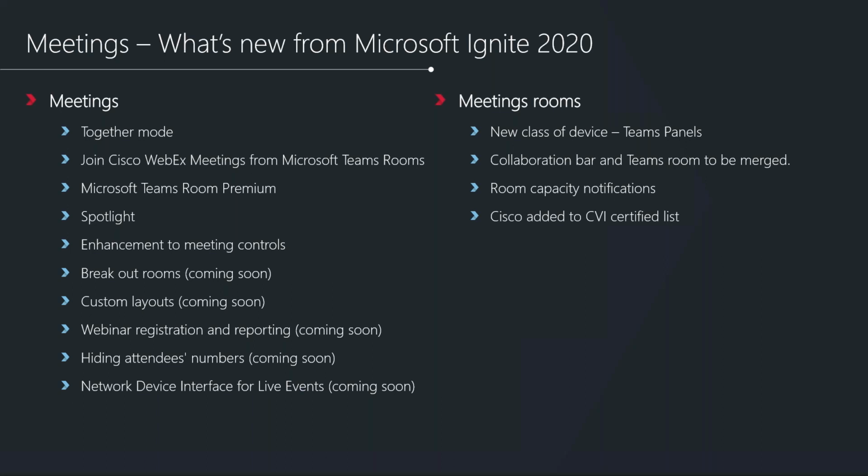From the specific meeting room point of view, they announced a new type of device, which is the Teams panels, which I'll speak about a little bit further on. In this new COVID world with people planning the return to work, they've also put in a feature around room capacity.